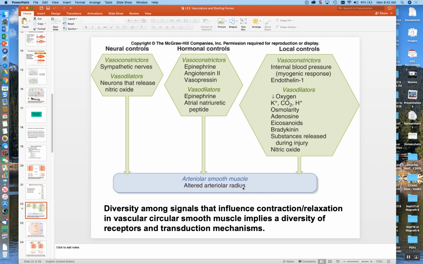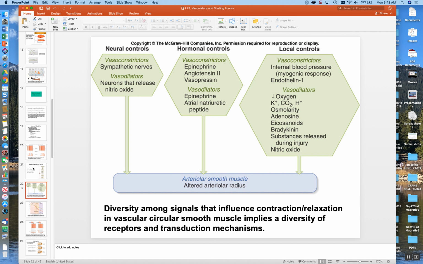Okay? So sympathetic neural controls include sympathetic nerves like we talked about, hormonal controls, some examples are vasopressin and angiotensin, which I mentioned, and then local controls include a decrease in oxygen, increases in carbon dioxide, and the like. So that's more or less a review slide.